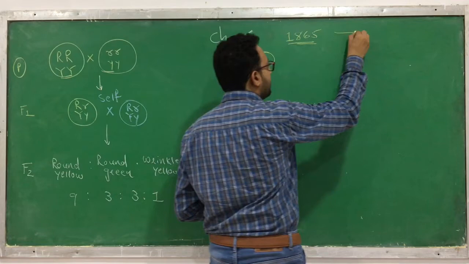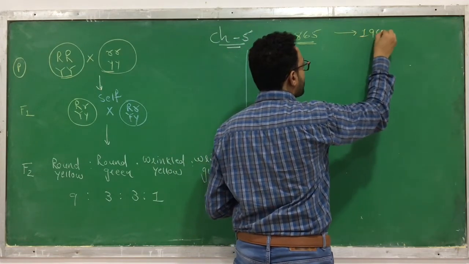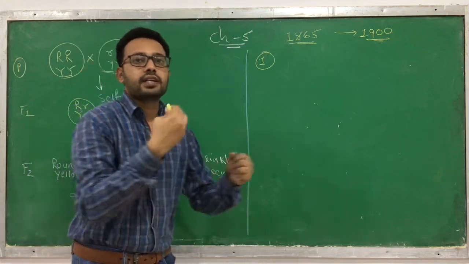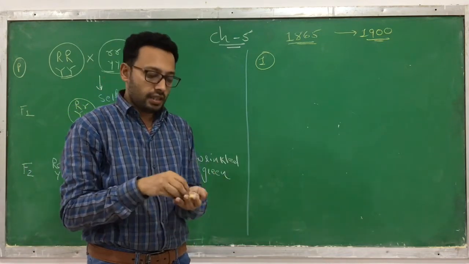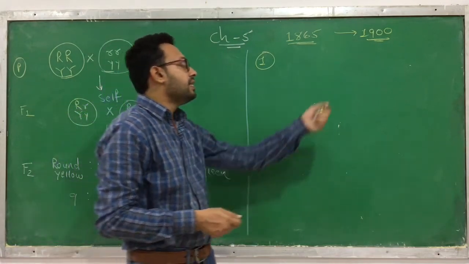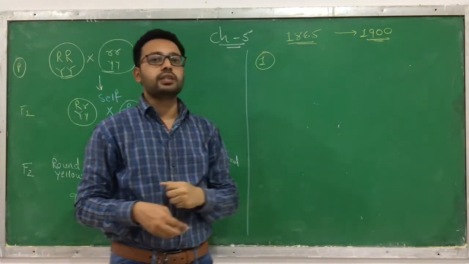But till 1900, the majority of the people in the world didn't know about Mendel's experiment and its conclusion. They didn't know the importance of this. What are the reasons that Mendel remained unrecognized between these two periods?